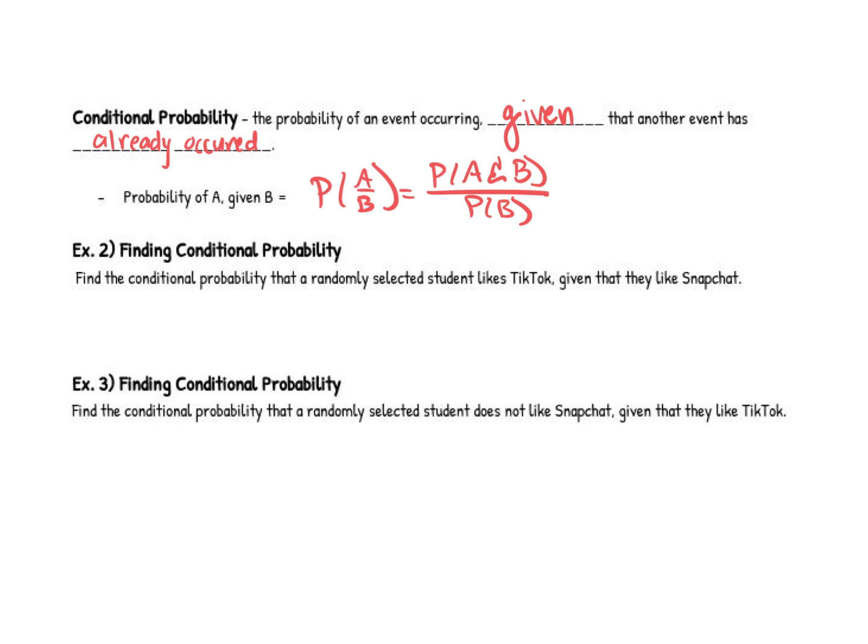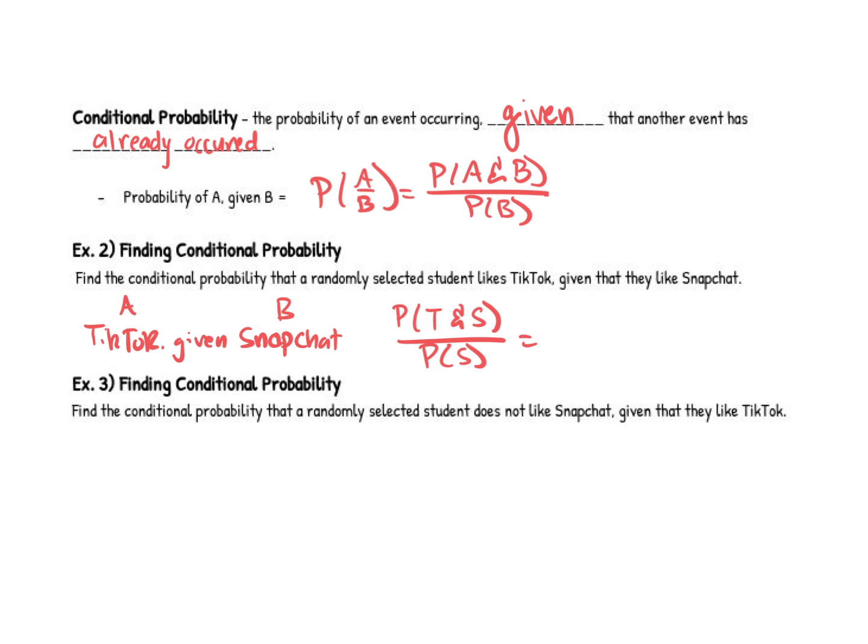So an example: find the conditional probability that a randomly selected student likes TikTok given that they like Snapchat. So we're looking for TikTok given Snapchat. Our TikTok is A and our Snapchat is B. So we want the probability of TikTok and Snapchat divided by the probability of Snapchat.